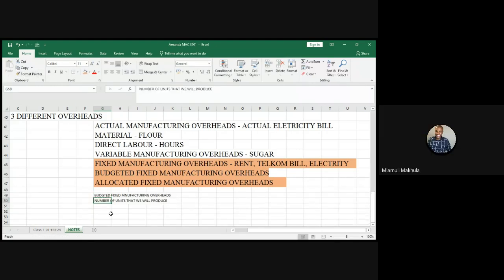So if you divide your budgeted fixed manufacturing overheads by your number of units, you will get a rate that you will use.